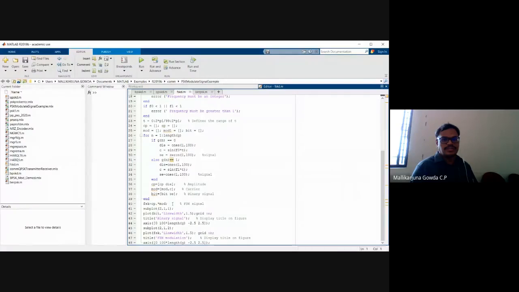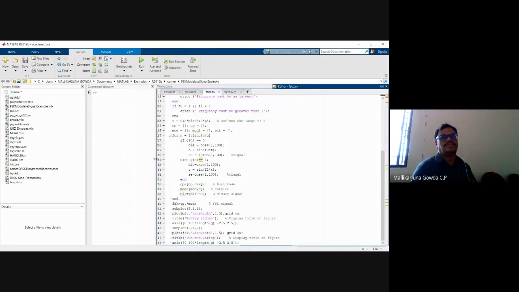The rest are the same: how to draw the plot of the input binary sequence as well as the modulated sequence information. Let me run this and show you the waveform for the BFSK.